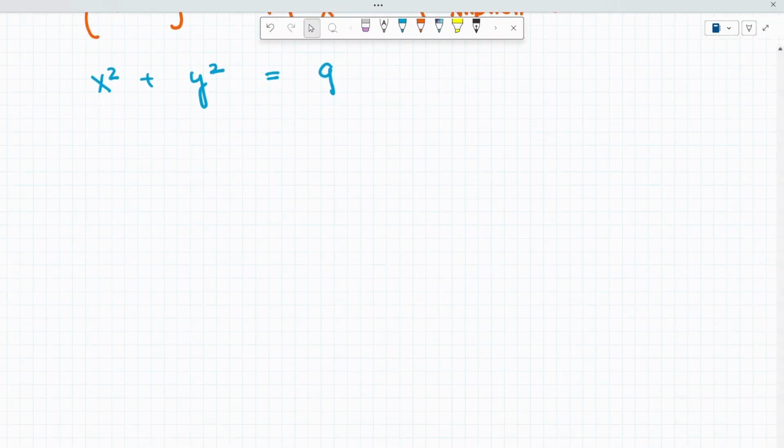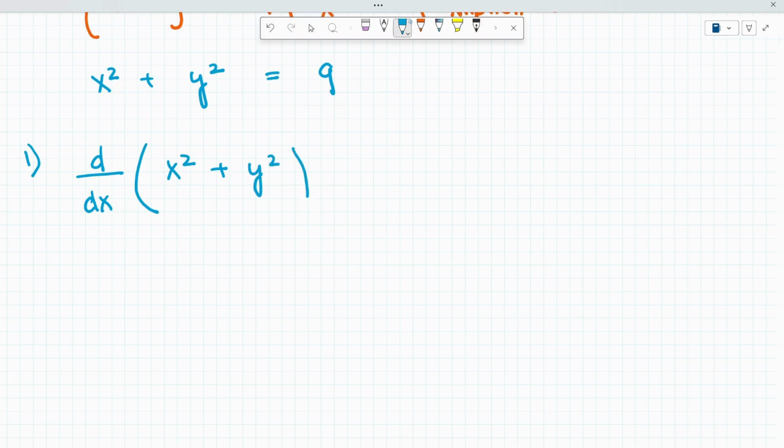What was step 1? We said that step 1 was to differentiate both sides of our equation with respect to x. So we have d over dx of the left-hand side, x squared plus y squared, and the right-hand side, d over dx of 9.